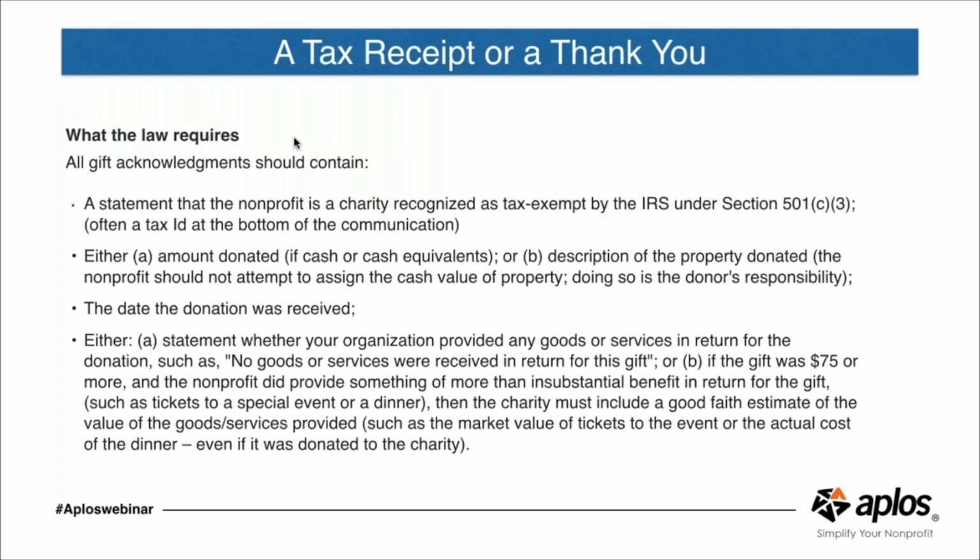So if it was $50 or $75, that's a very important piece that a lot of folks forget about. It's important that you try to separate those. Golf tournaments and things like that work the same way. So that's really the four basic things you need to provide by law or by IRS standards. Everything else then becomes how you want to communicate.